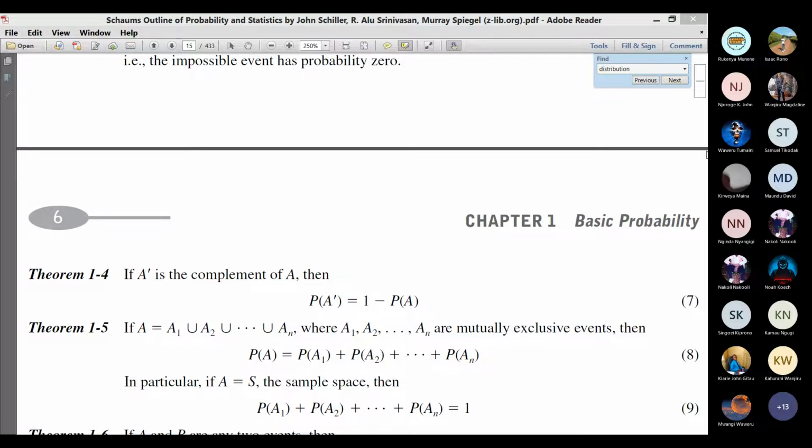So one thing you will know is that the probability of A, the first one that we saw there, is greater than or equal to 0. In other words, there is no negative probability. Then the probability of an impossibility, or the probability of the null, is 0.